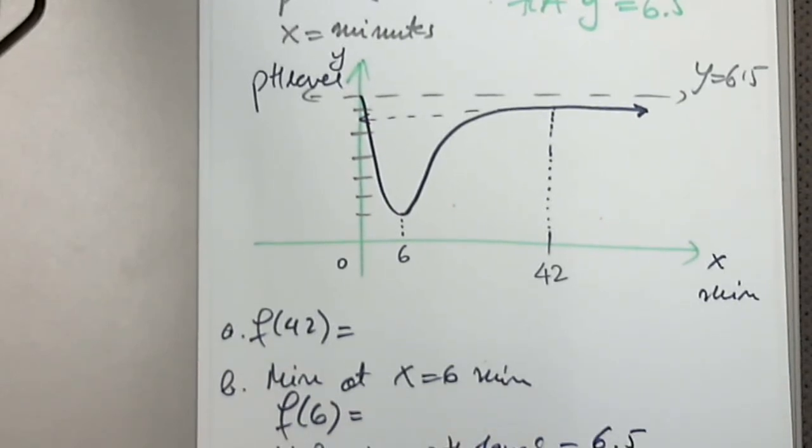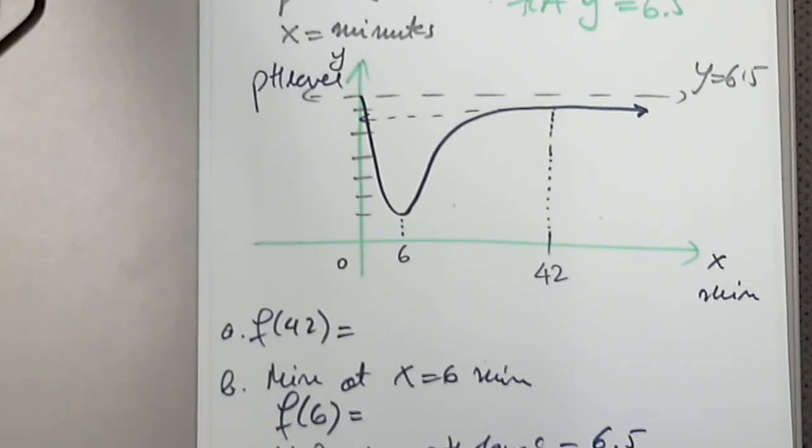Part D, what is the equation of the horizontal asymptote? You already gave it to me. Describe what this means in terms of the mouth pH level over time. What does the horizontal asymptote of 6.5 mean? Eventually, the pH level in the mouth will go back to normal, and the normal is 6.5, or close to it.